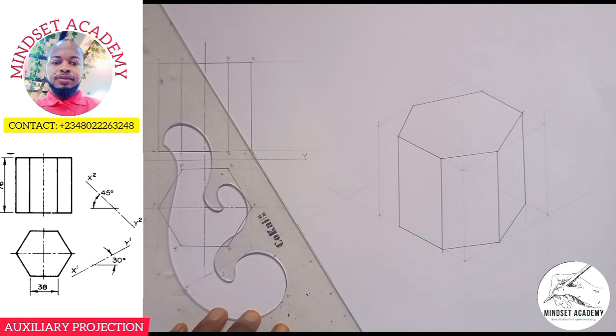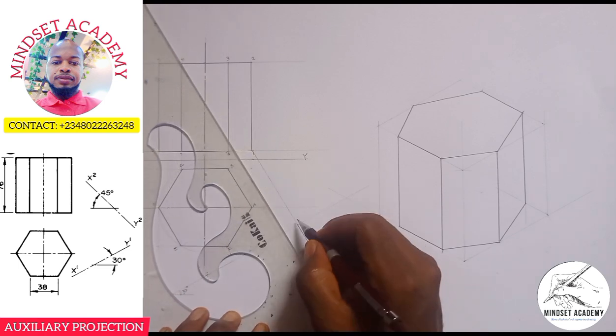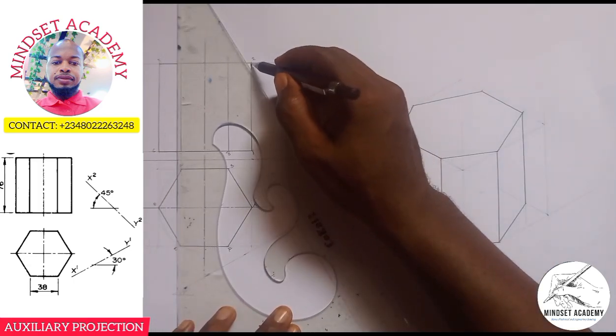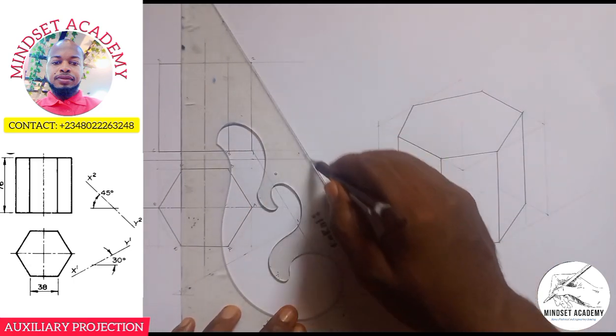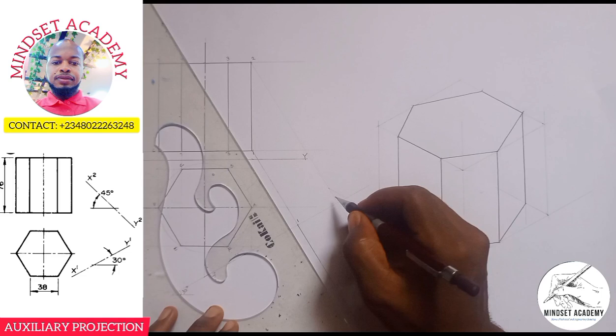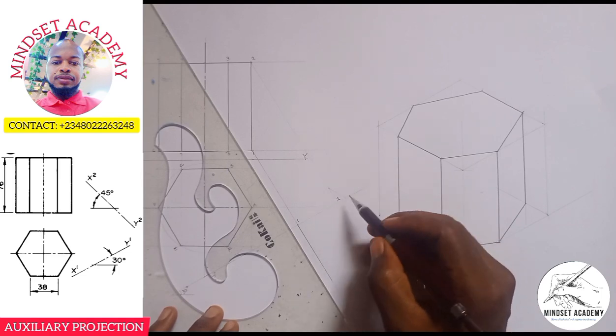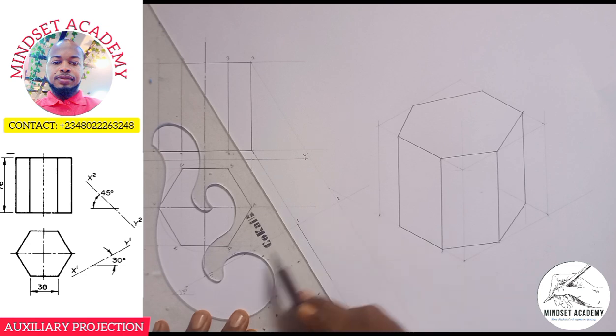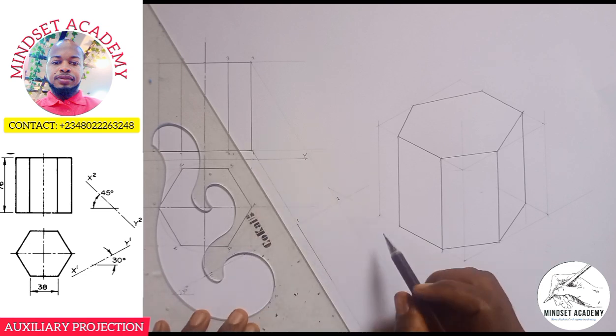This will be my point 1. If I project 2, this will be my point 2. Remember, they are 90 degrees. So if this is 60, you use 30, and if this is 30, you use 60, just like I'm doing.